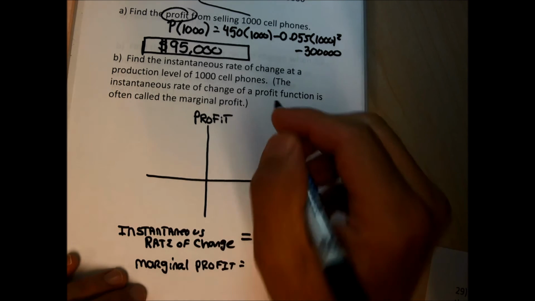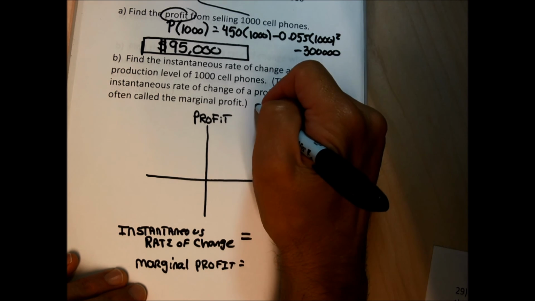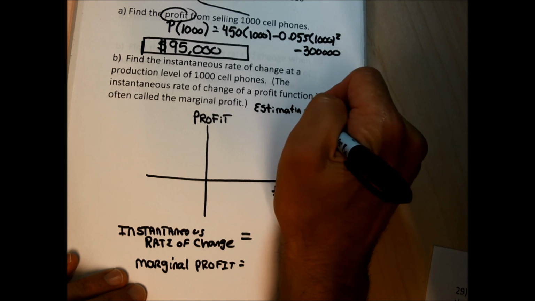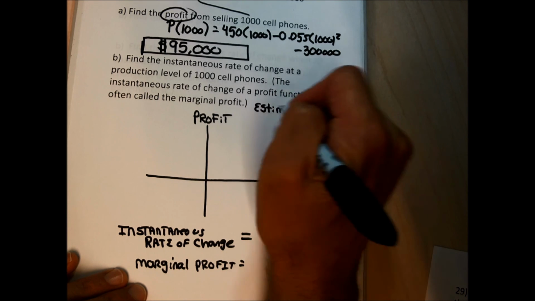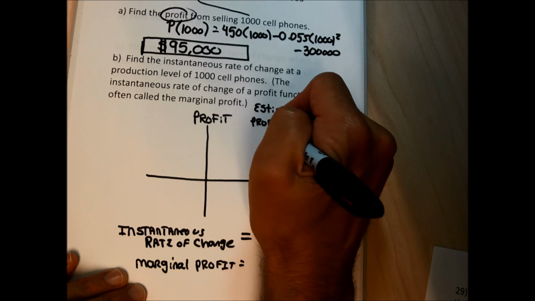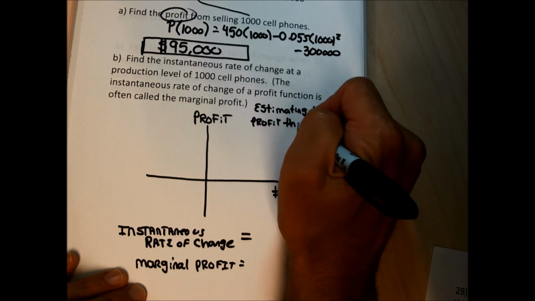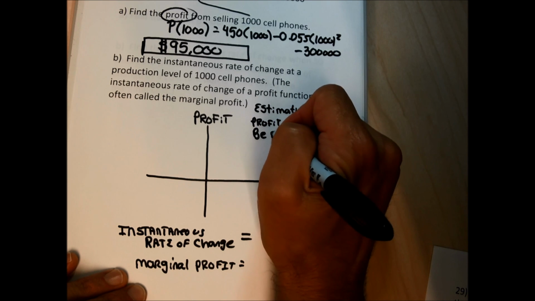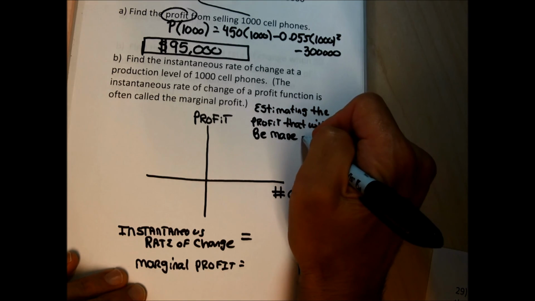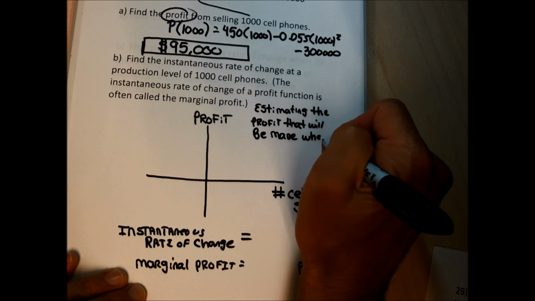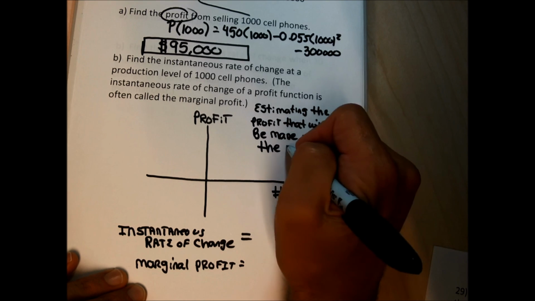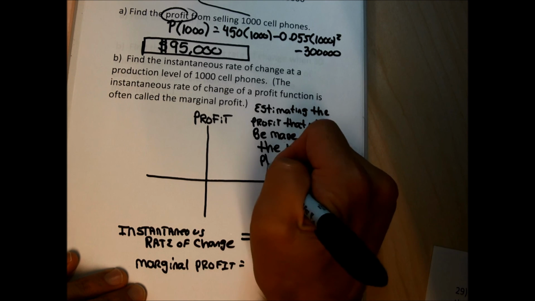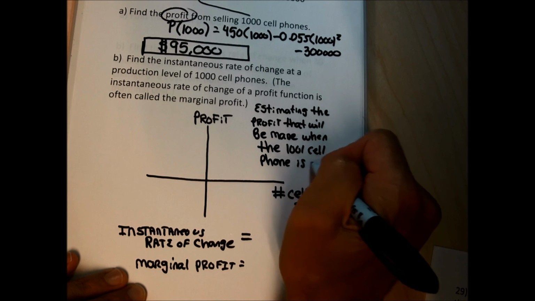So what I'm doing is estimating the profit that will be made when the 1,001st cell phone is sold.